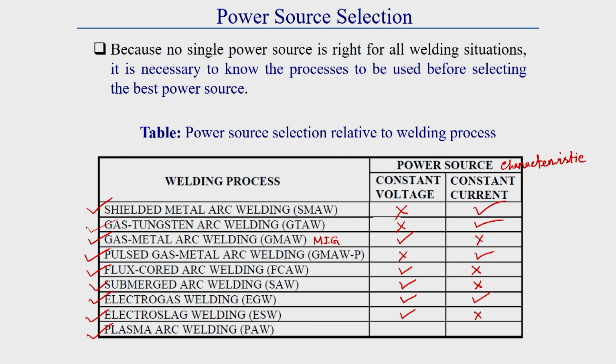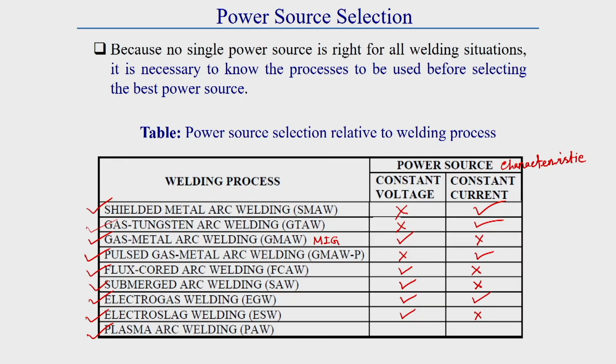Similarly, the plasma arc welding process generally uses a non-consumable electrode, a tungsten electrode. So, that is why for plasma arc welding techniques, a constant voltage power source characteristic is not preferable, and a constant current power source characteristic is preferable.